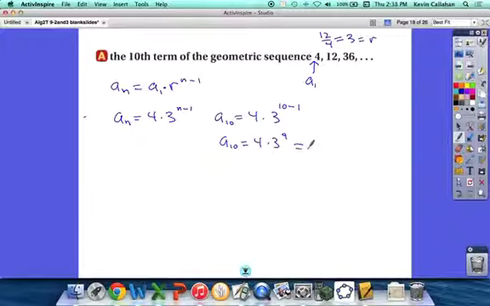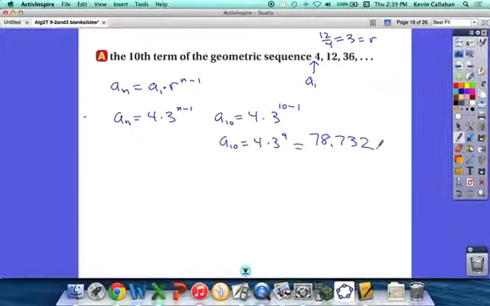What do I do with my calculator? Let me see. 78,732. Okay, 78,732. Where is my calculator? Yeah, it's right there. It's right in front of me. Couldn't be any more obvious.